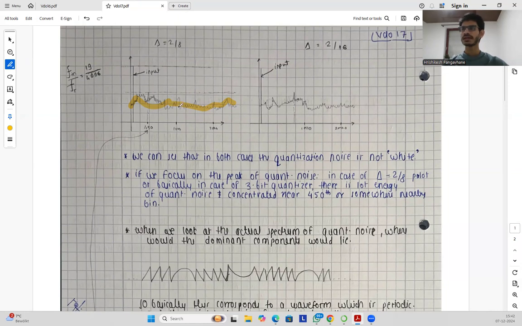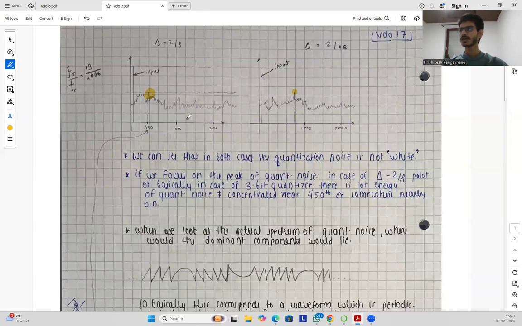It was an approximation that we considered it as white noise. But we can see that in both cases, the quantization noise is not white. If we focus on the peak of the quantization noise, it is spread over a broadband, right? But somewhere we have the peak of this quantization noise.